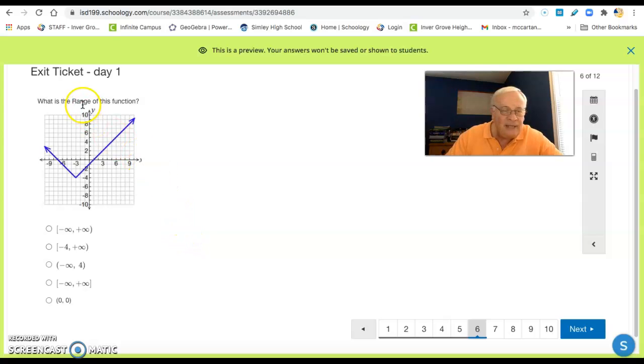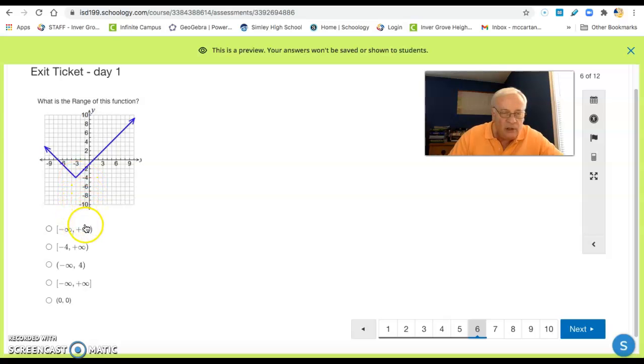All right, again, the next one, we're looking at range. This is absolute value. Up and down is the range. Now, up, it goes up, up, up forever on both sides, to positive infinity. But on the bottom side, oh no, it stops at -4. It doesn't go anywhere below -4.